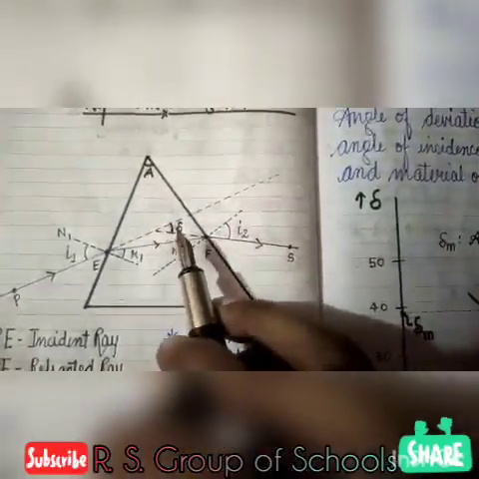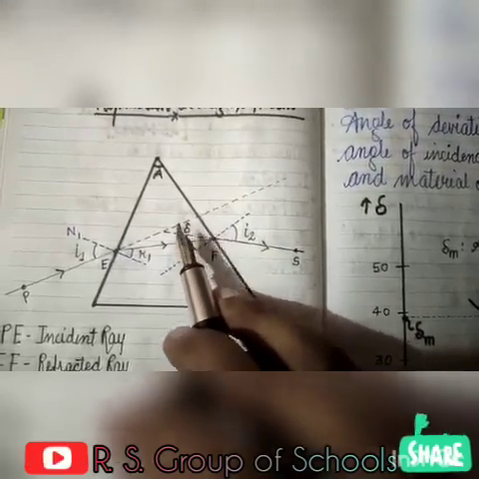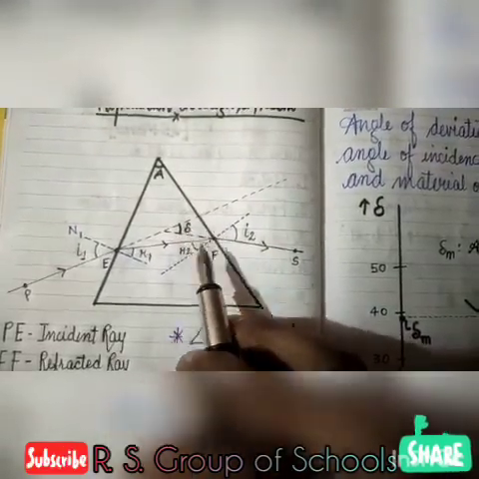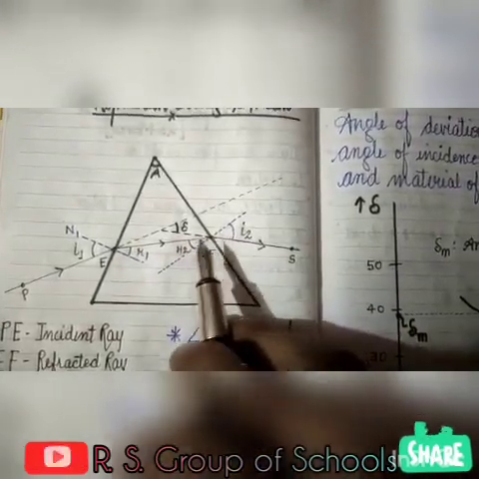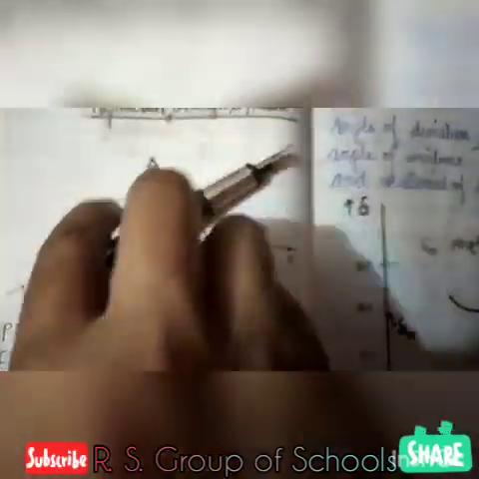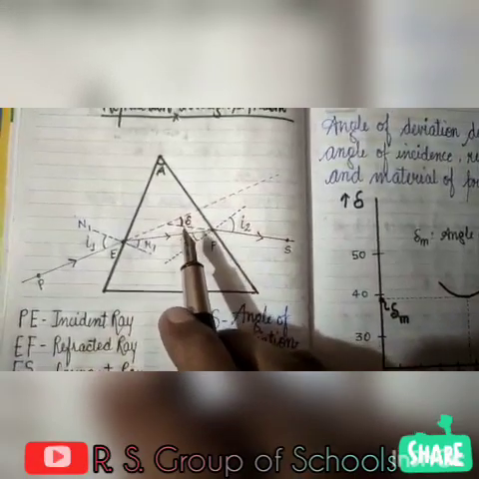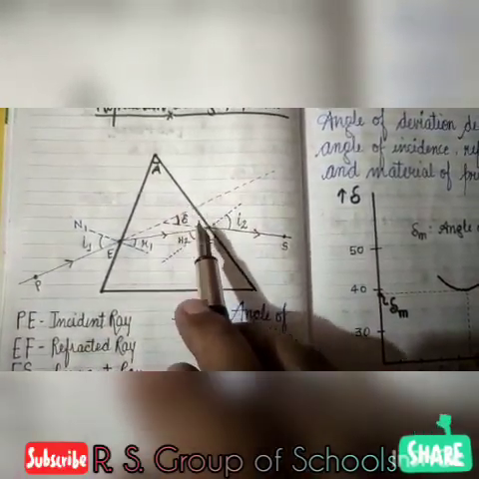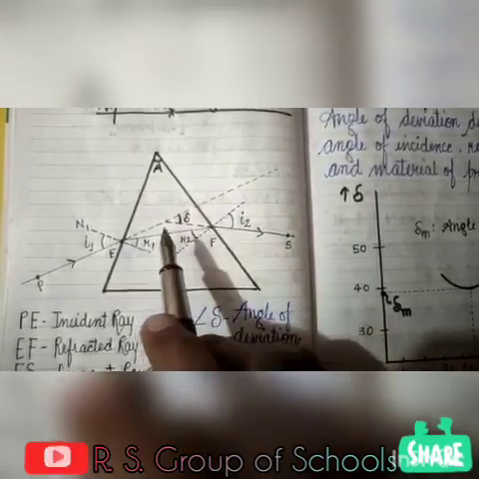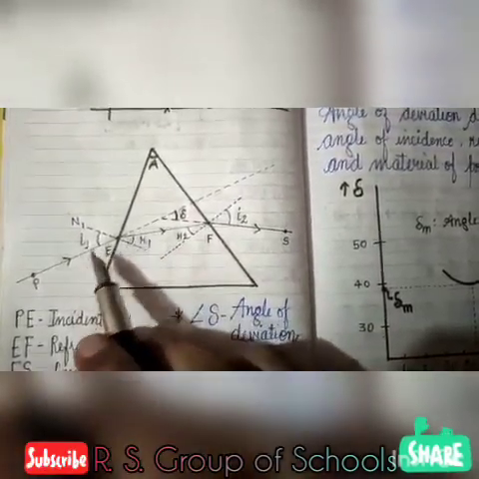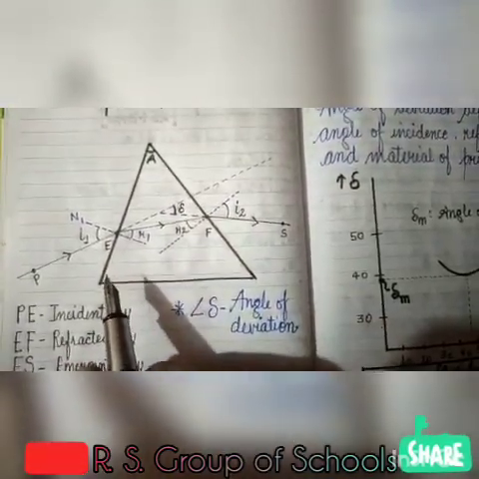If we talk about this angle, this is the angle which tells us how much the emergent ray is deviated from the incident ray, like this. So this angle is known as angle of deviation.